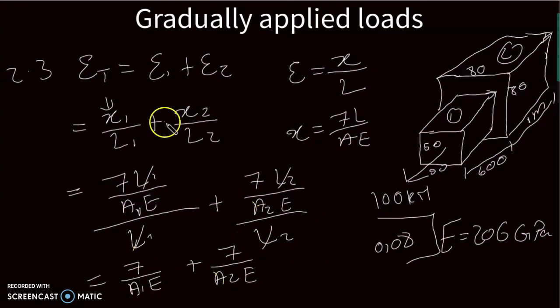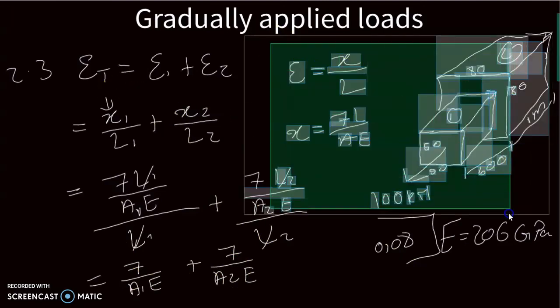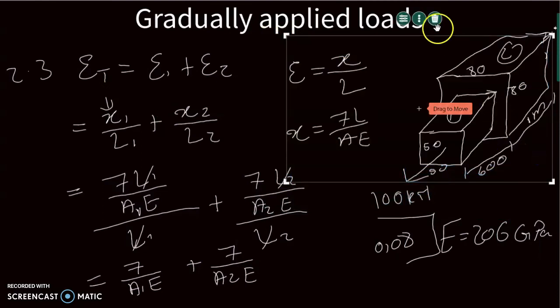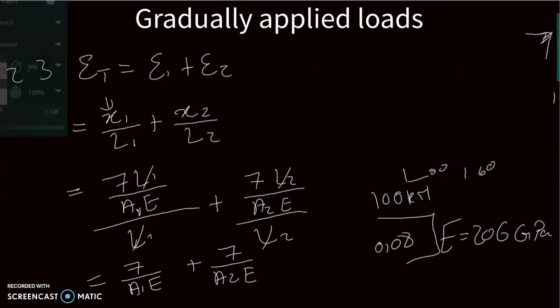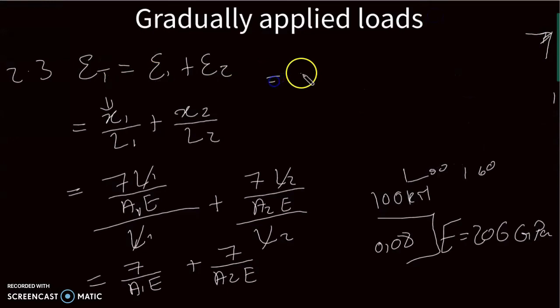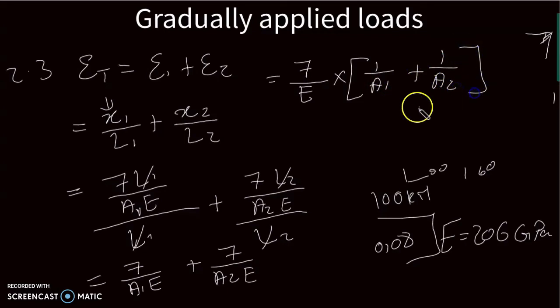We are going to take them common. Let's erase this. We are going to say force divided by the modulus of elasticity times, in bracket, 1 over area number 1 plus 1 over area number 2. And then from here, we can do our substitution.